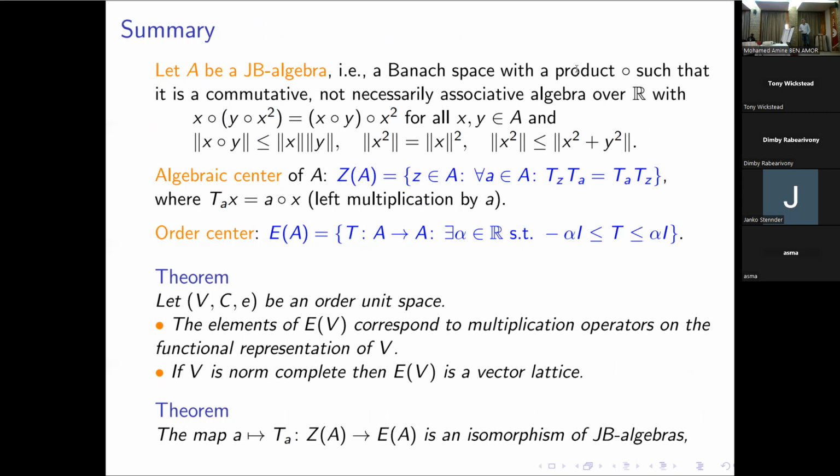We have the order center, between two multiples of the identity. And then we had that for an order unit space, the elements in the order center are actually multiplication operators on the functional representation. If it is norm complete, then it is a vector lattice. And we have that there is an isomorphism of JB algebras between the two centers.